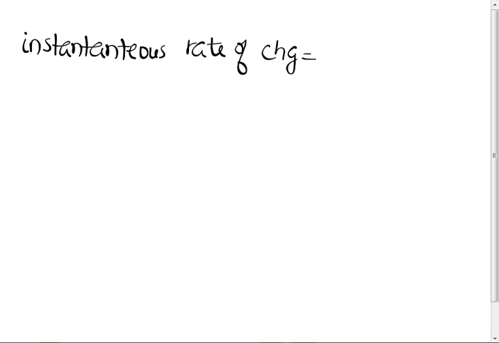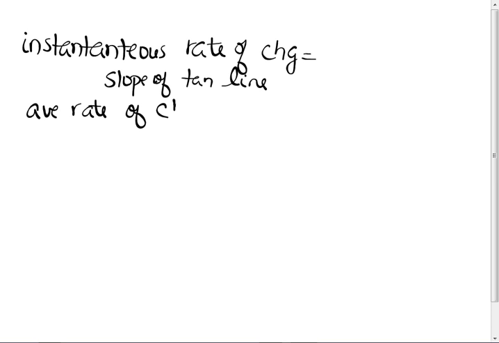Instantaneous rate of change that is written down equals the slope of the tangent line. Average rate of change, so don't read fast, is the slope of the secant line.